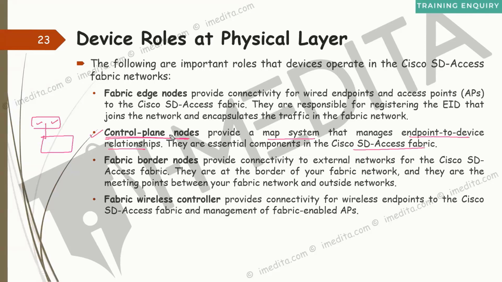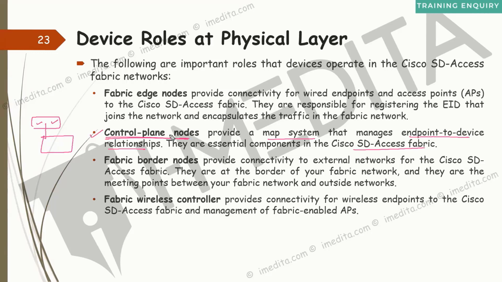Control plane node has to be there. If you are good with the traditional network, consider these as the DMVPN hub. In the DMVPN hub, we have the information, if you remember, of the tunnel IP and its associated NBMA IP address. Here you can consider them the same. The control plane node maintains a database.